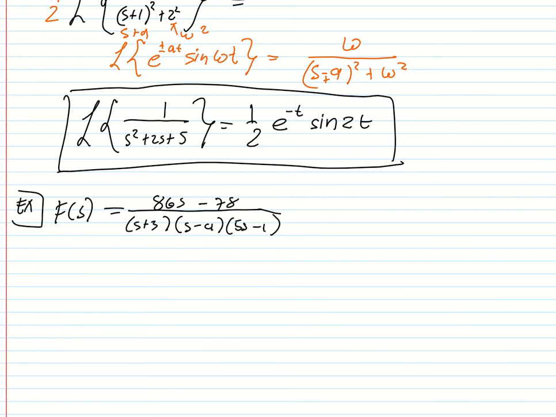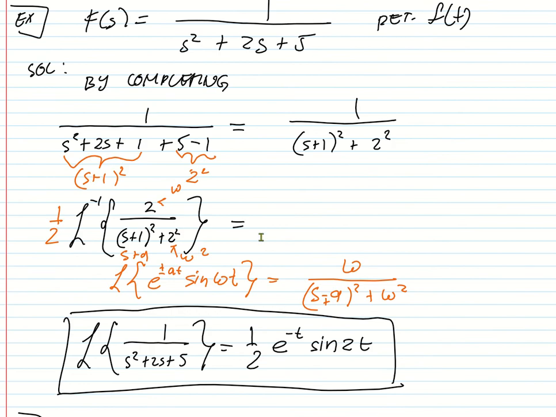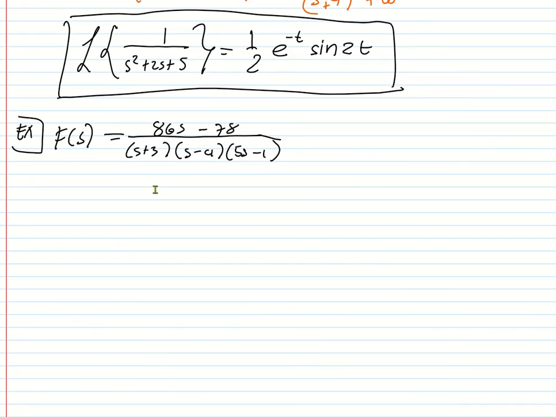If this is the case, we cannot just complete the square because there's no quadratic equation. But we will be using partial fractions. Let's review partial fractions. By partial fractions, we need to divide that into different parts. Then after that, we can take the inverse Laplace.